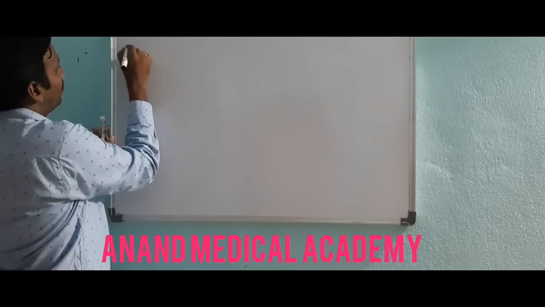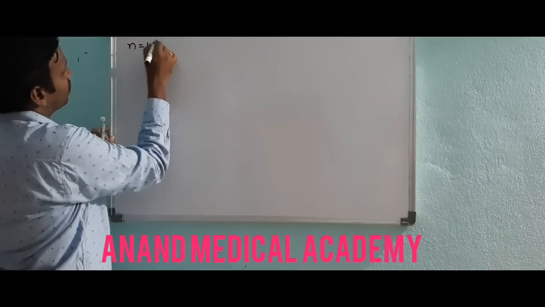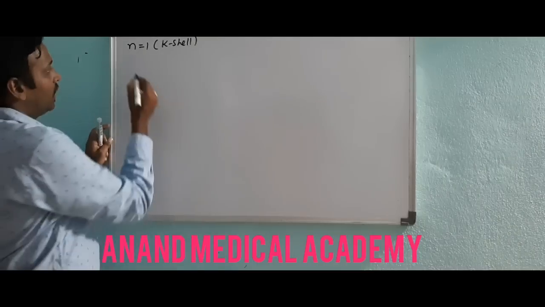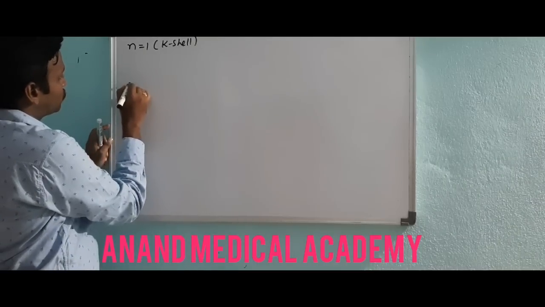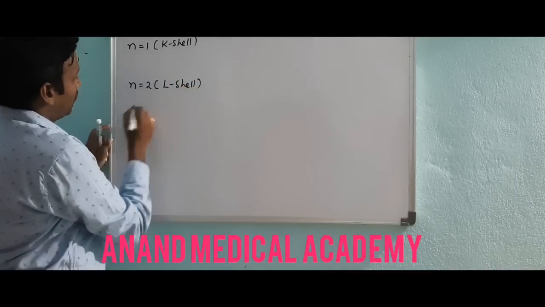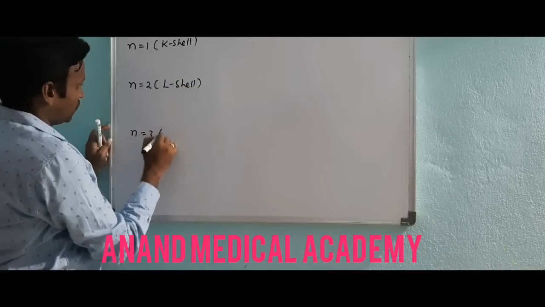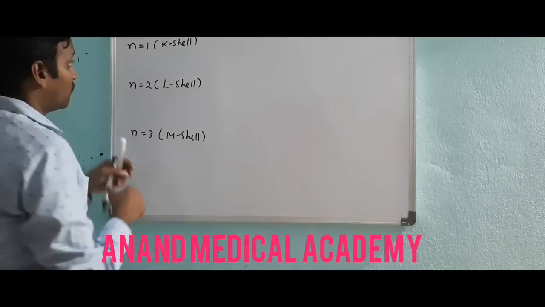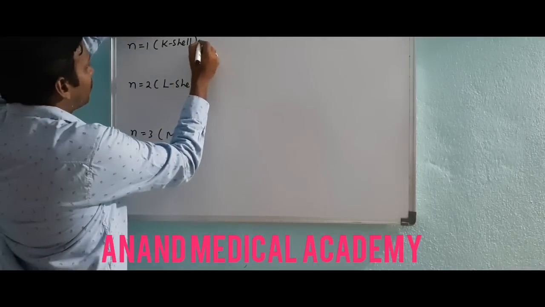n equals 1 is the K shell. n equals 2 is the L shell. n equals 3 is the M shell. How many subshells are present here?